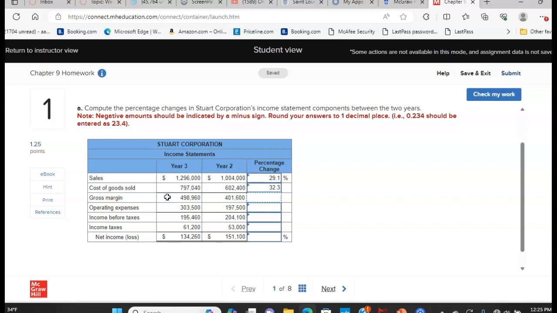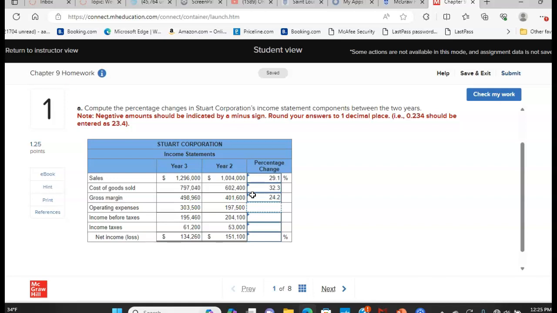So 97,360 divided by 401,600 would give us 0.2424, which is 24.2%, rounded to the nearest decimal.